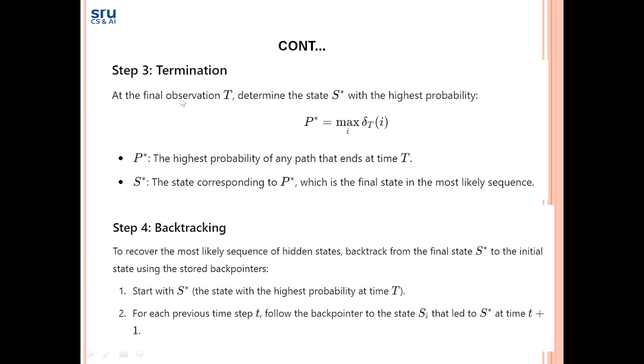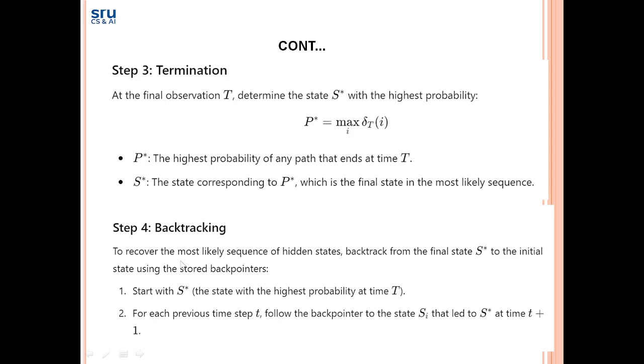Step three, termination. At the final observation T, determine the state S star with the highest probability, max of delta T of i. P star represents the highest probability of any path ending at time T. S star, the state corresponding to P star, is the final state of the most likely sequence.